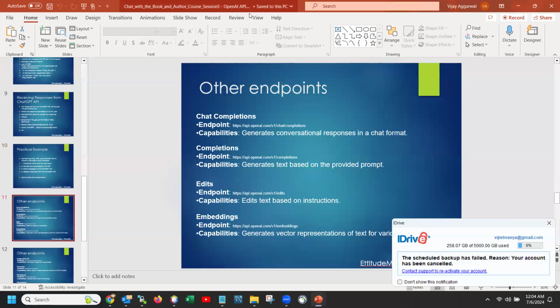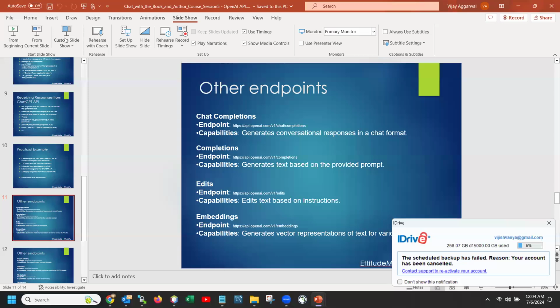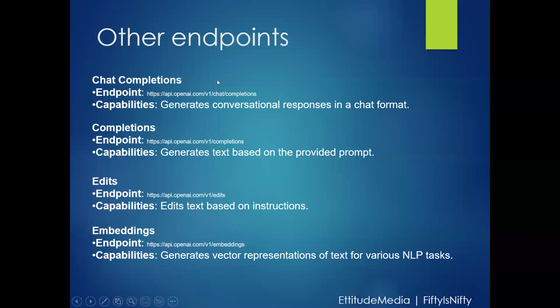As I was telling you, I am going to show you a few more endpoints. We used this one, which generates conversational responses in a chat format. This is the one we just used, V1 chat completion.